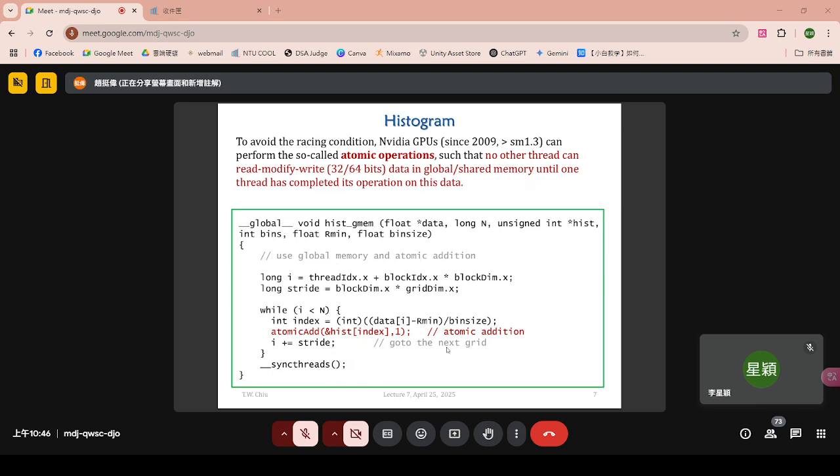So this is the kernel, very simple. The only difference is that you have to use the atomic add. Otherwise, if you just use the add on the histogram index and then plus, you get an unpredictable result.